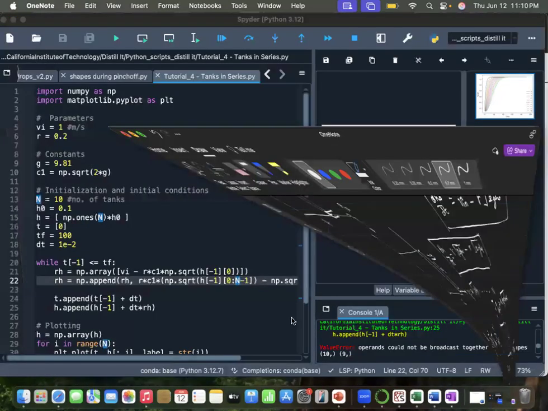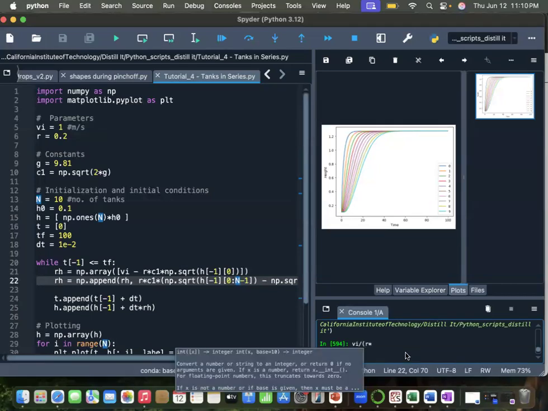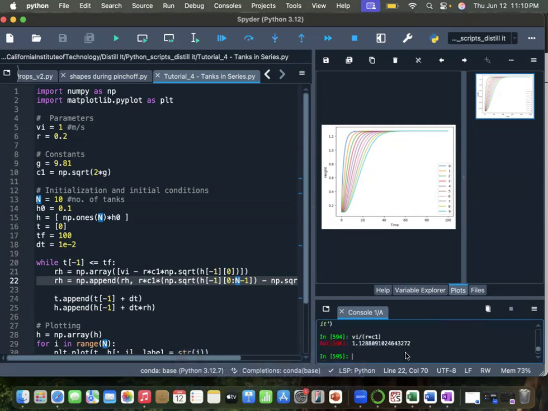So let's just evaluate the steady state height over here. So v_in upon r times square root of 2g is 1.1288, and let's see what is the final height of, let's say, any of them. Let's say the fifth column over here. So that's 1.27.